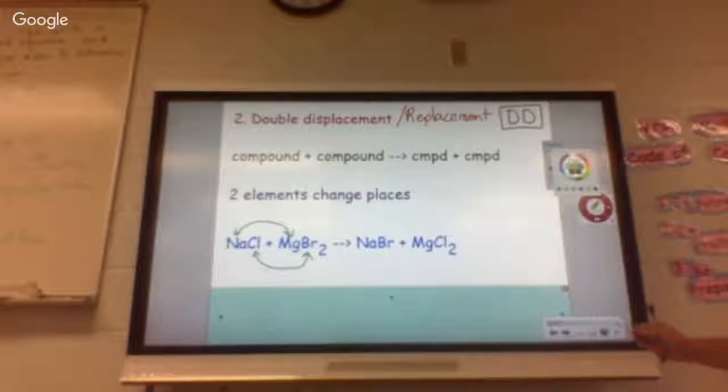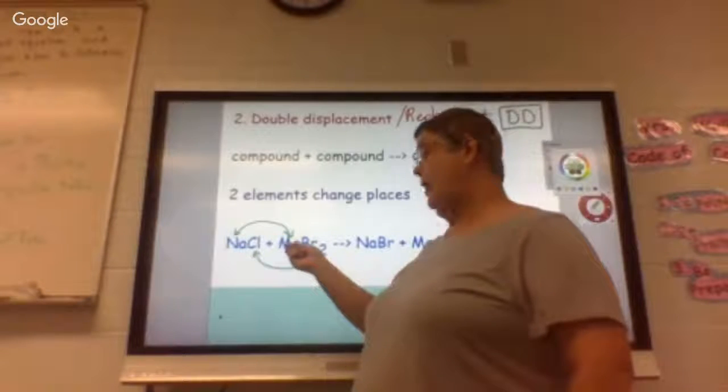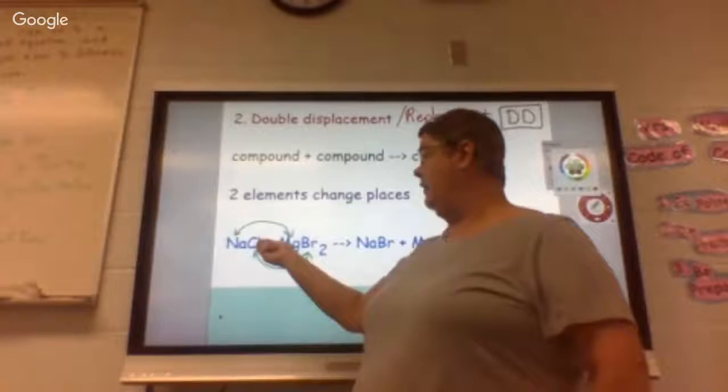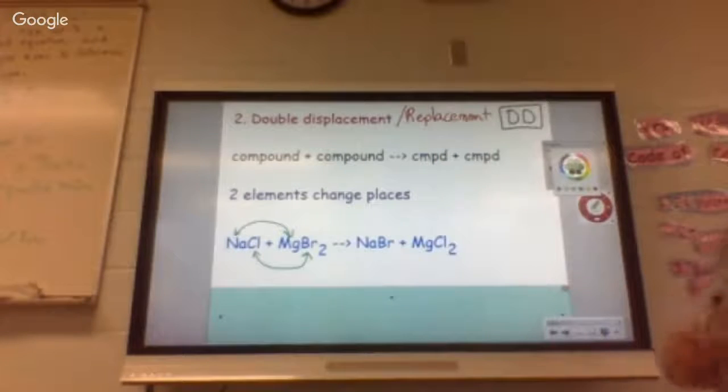So Na switches with Mg. The positive switches with the positive, or the negative switches with the other negative. The Na switches with the Mg, so Na is with the chlorine, and then the Na is with the Br.